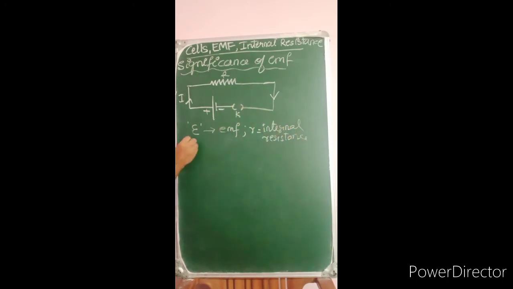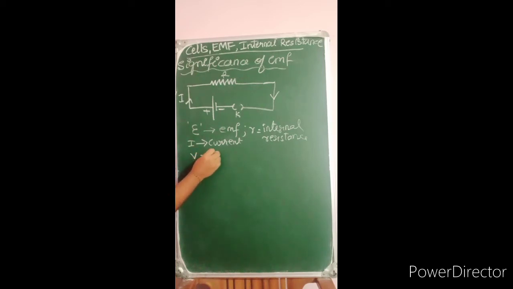Then the current through the circuit is I. Now the potential difference across R is taken as the sum of the potential difference across the terminals of the cell in the open circuit.